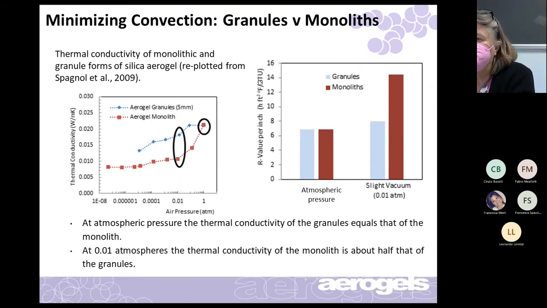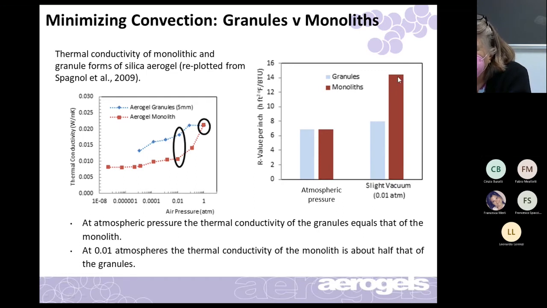So this was a case where you have the granules in the aerogels at atmospheric pressure, and for an inch thick monolith and an inch thick of granular, both will provide the same thermal insulating value. But if you have a small vacuum, which is this amount, you can see that your monoliths give you not quite double, but close to double the thermal insulating value.